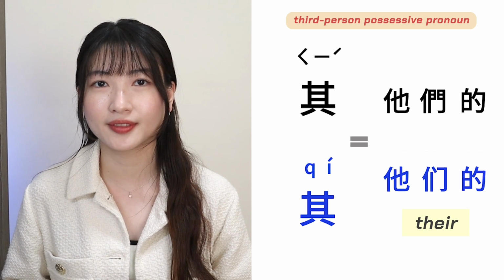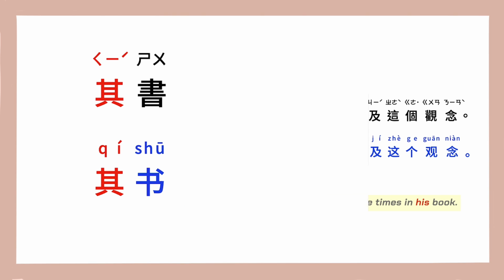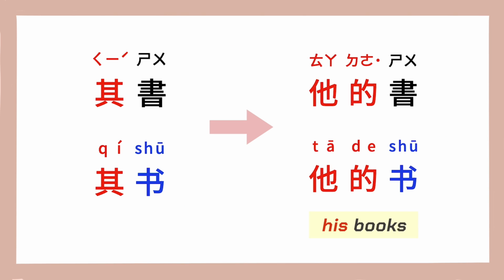For example, 这位学者支持此理论，并在其书中多次提及这个观念。This scholar supports this theory and mentions this concept multiple times in his book. Here, 其书 means 他的书, his books.